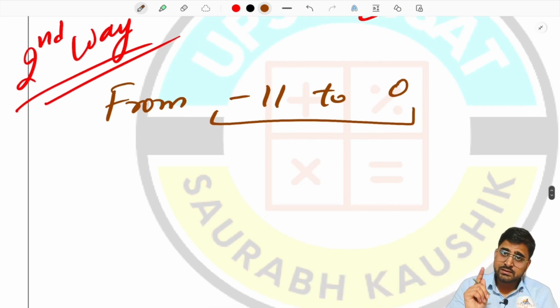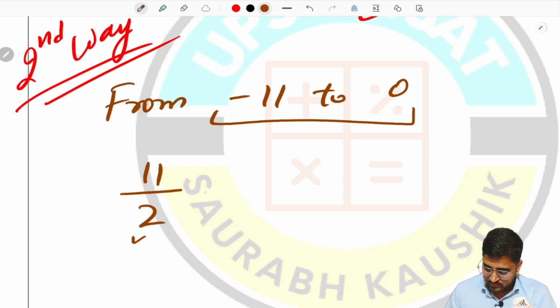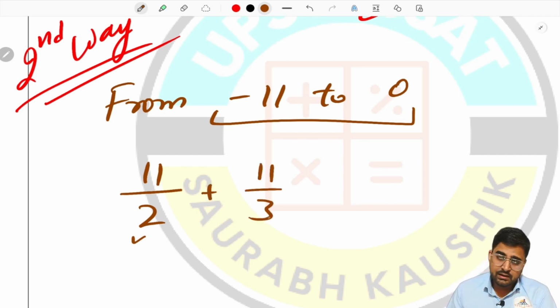Please listen carefully. How many numbers are divisible by 2 or 3? First, 11 divided by 2, we have to find how many multiples of 2. Then we have to find how many multiples of 3.